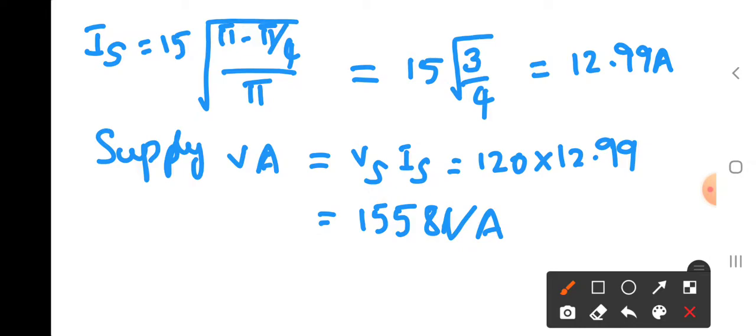But out of this power, how much is useful? The useful power is called active power.